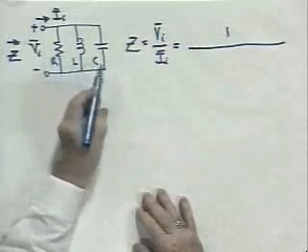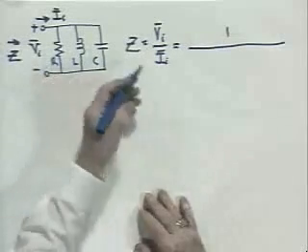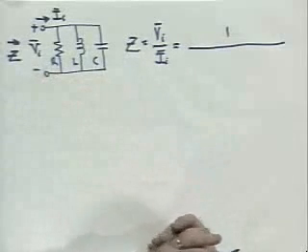They're all in parallel, so the admittances add, and then taking the reciprocal of that, just as if these were three resistors and we were doing this with an all-resistive circuit.